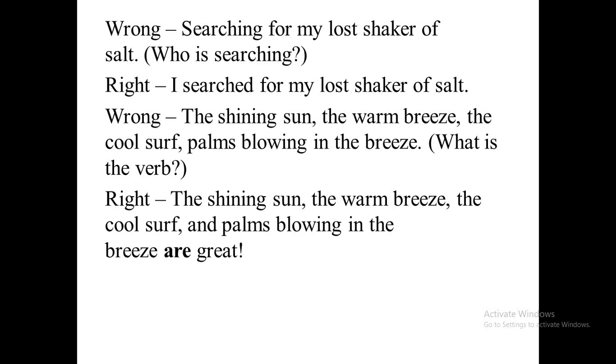We have the example: Searching for my lost shaker of salt. Who is searching? I search for my lost shaker of salt. The shining sun, the warm breeze, the cool surf, palms blowing in the breeze. What is the verb? Now we have the right one: The shining sun, the warm breeze, the cool surf and palms blowing in the breeze are great.